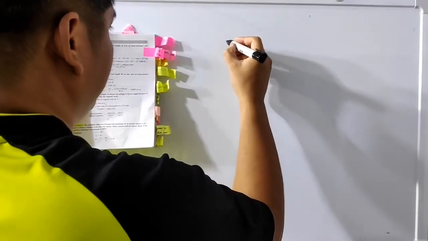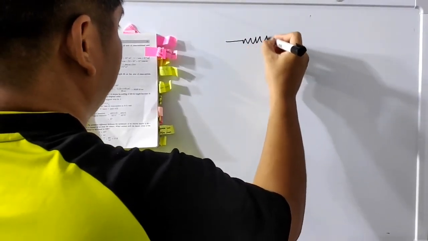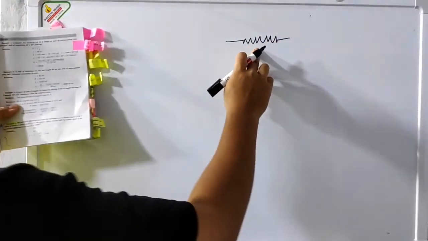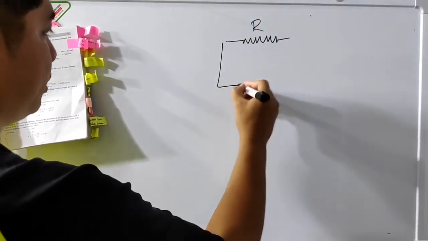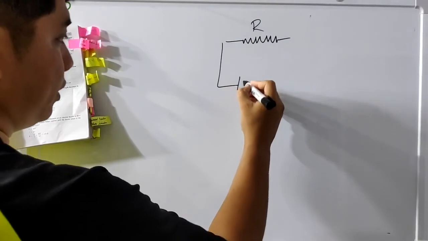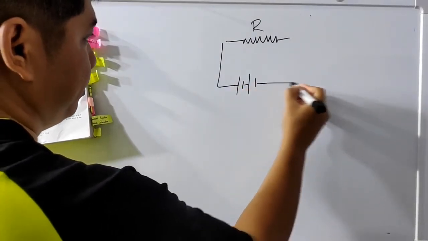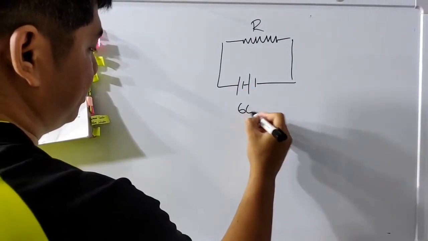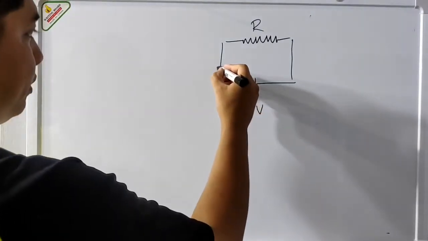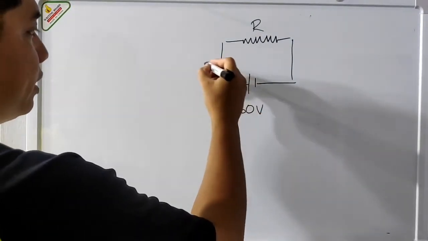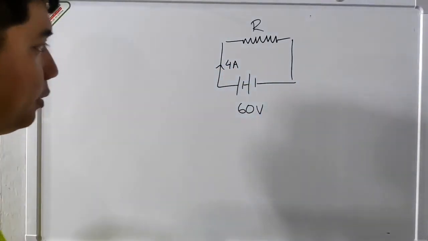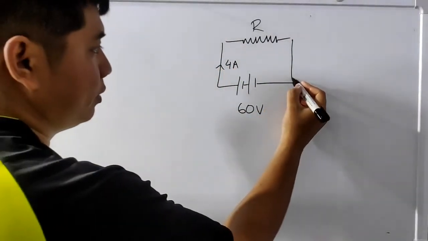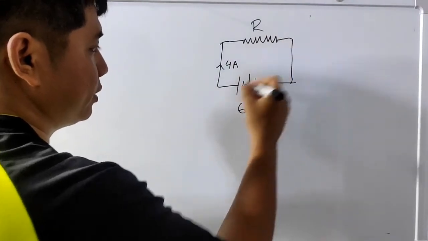Here, for the first case, let this be the heater, electric heater of resistance R. It is connected across a 60 volt battery. It draws a current of 4 ampere.